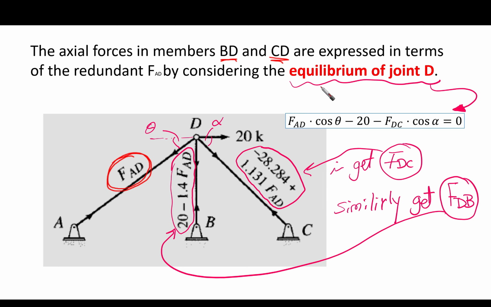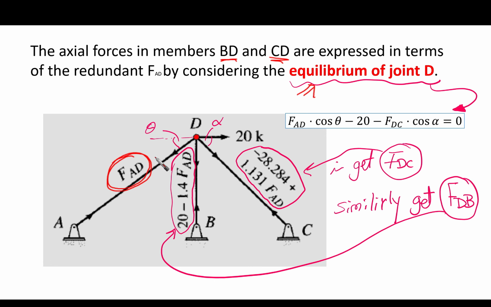We are going to consider the equilibrium of joint D. So we're going to look at this point, which is point D. We are going to take the equilibrium of this point, horizontal and vertical. Let's go to the horizontal, for example. Horizontal equilibrium, summation of Fx equal to 0 at point D. I said before that this angle is theta, right?